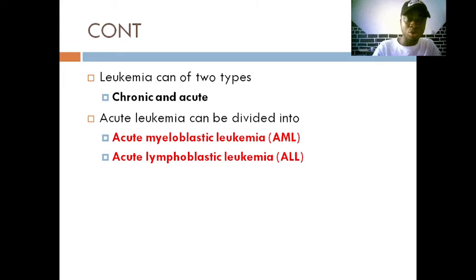The first one we talk about is acute myeloblastic leukemia. This one is telling you that the cell lineage that is mostly affected is the myeloblast. The myeloid cells are mostly affected. Acute myeloblastic leukemia.